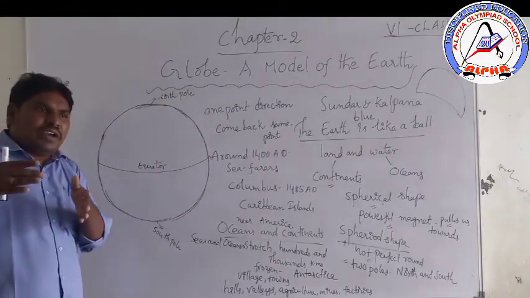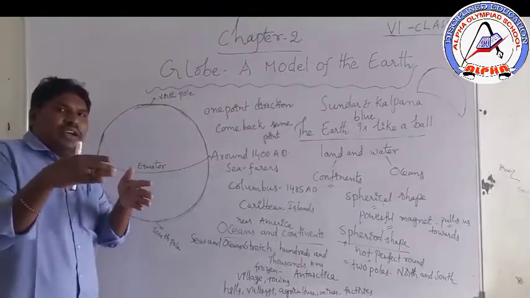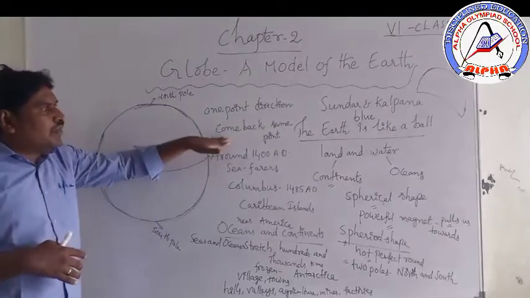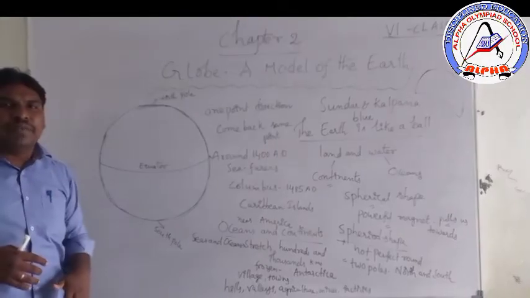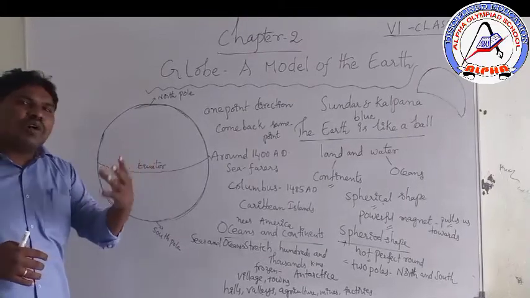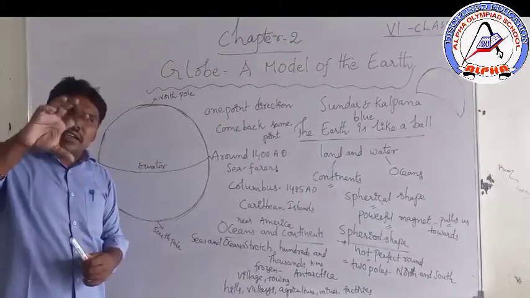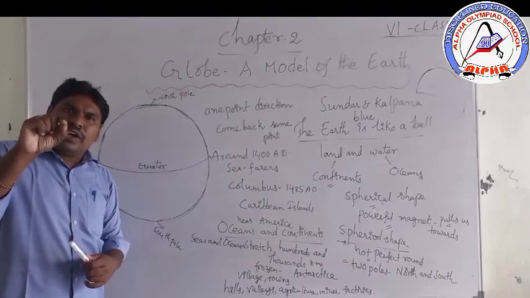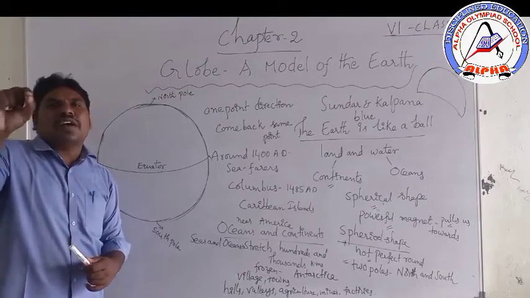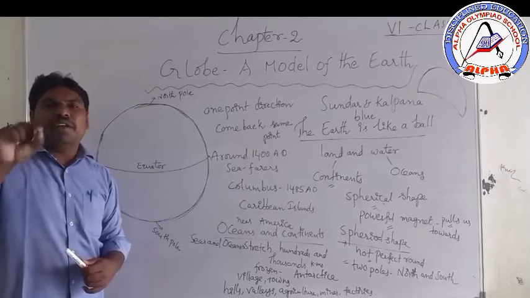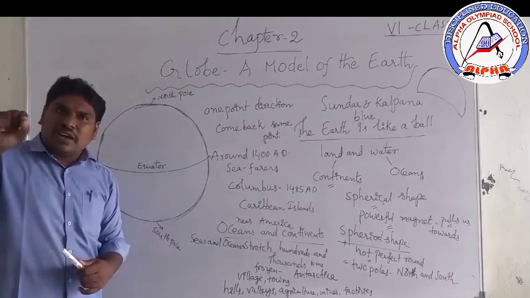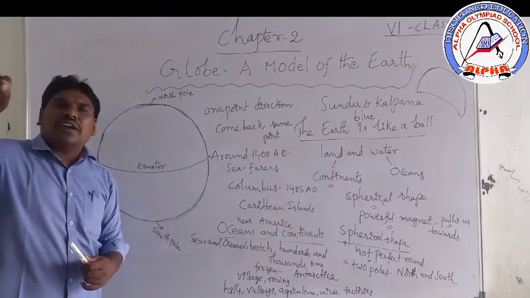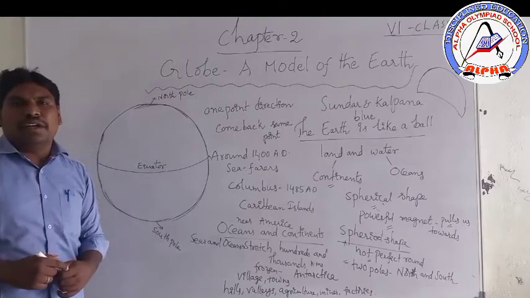If you take a globe and start at one point and travel in the same direction, you can come back to the same point. You can draw one line in a direction and come back to the same point.